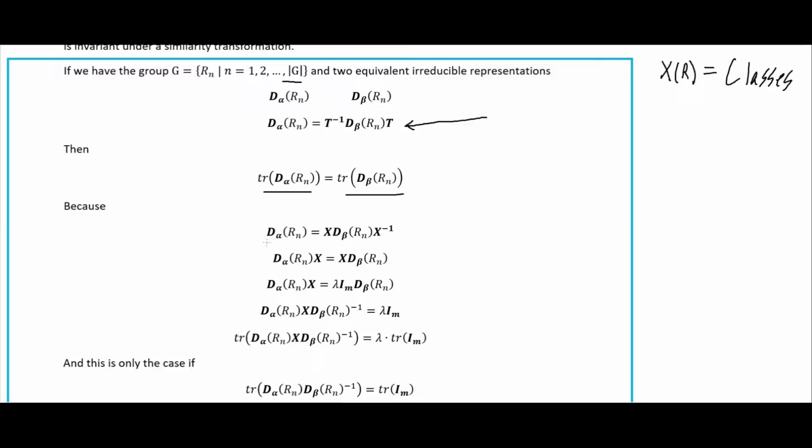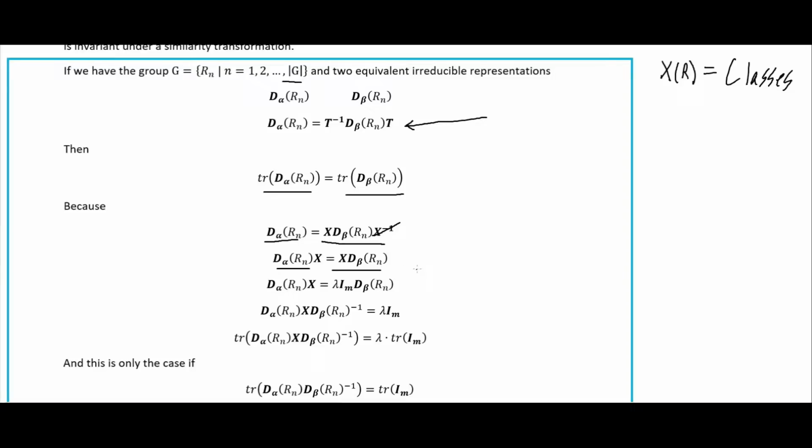That's because if we have our representations related by this similarity transform, we can do matrix multiplication on both sides with the x. So this x minus 1, or this inverse, will get canceled out because it will just become the identity element with x. And so we have this relationship here.